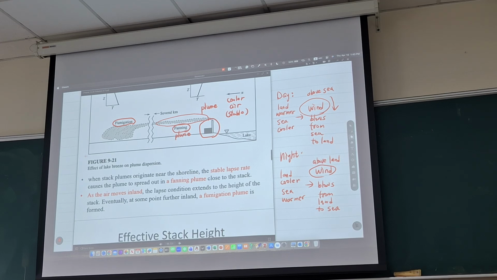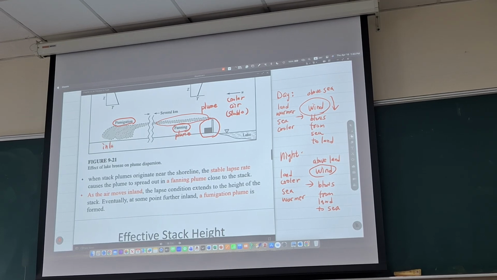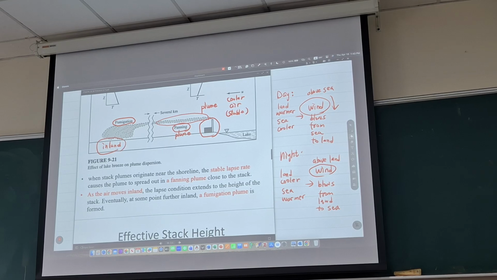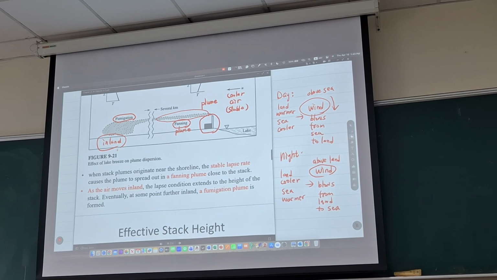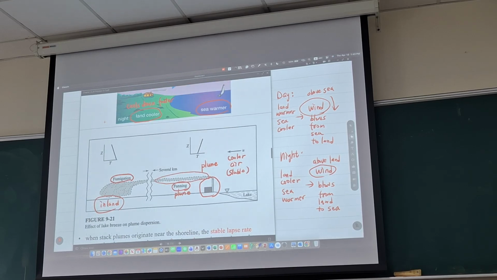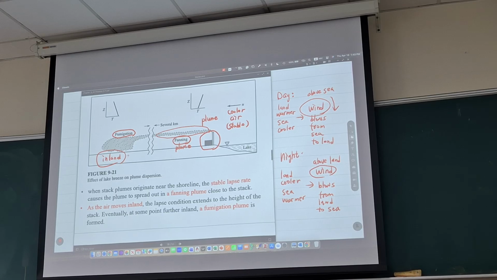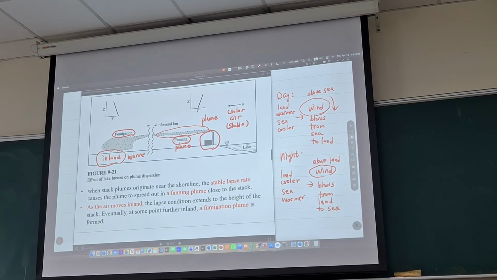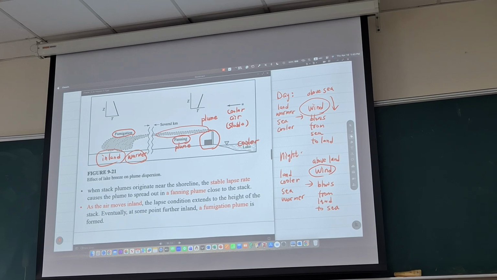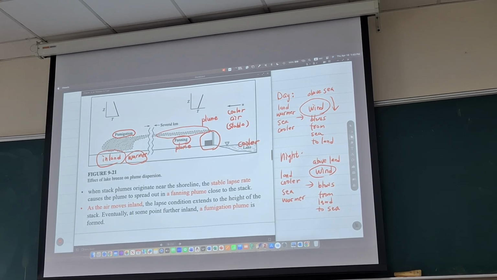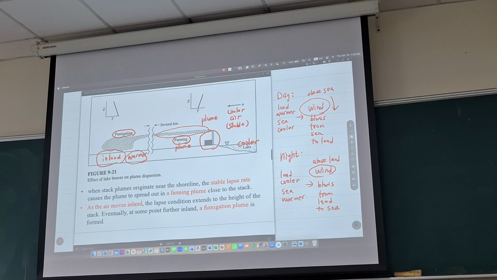However, in the inland, as the air moves inland, the land surface becomes warmer than the lake surface, right?